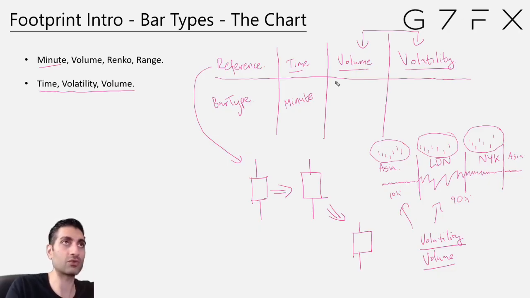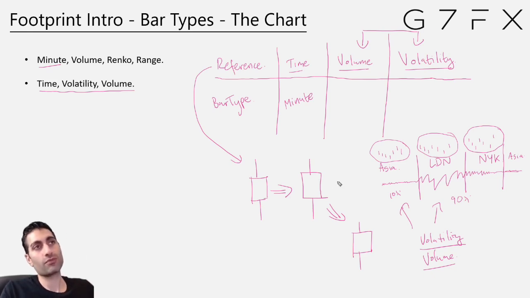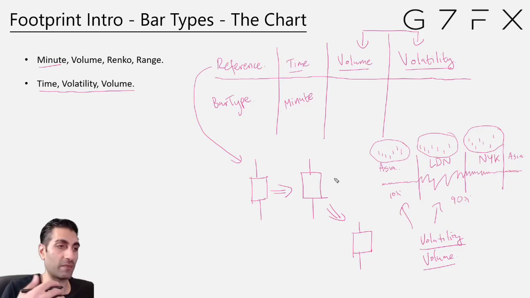You can change it to volume. Okay, so let me pick an arbitrary number here, but obviously, well, it may not be obvious, but it'll become very obvious. The higher the volume traded in an asset, the higher you'd obviously set this for each candle.